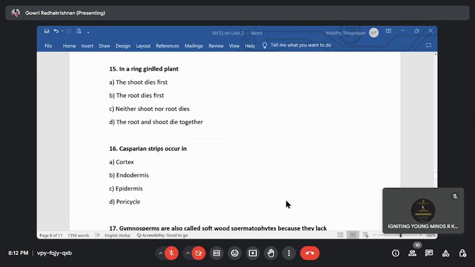See, in a ring girdled plant, when there is no nutrition, phloem is responsible for carrying nutrition, isn't it? And if the path is cut and there is no phloem, that is what we call a ring girdled plant. So what happens? First, the root dies. That is the question.